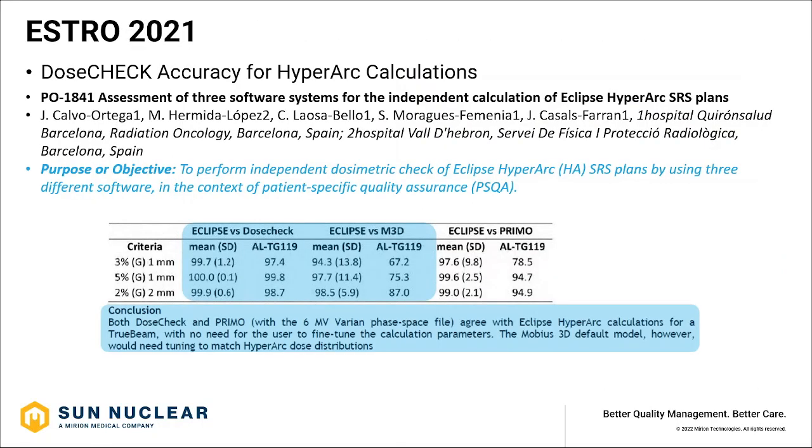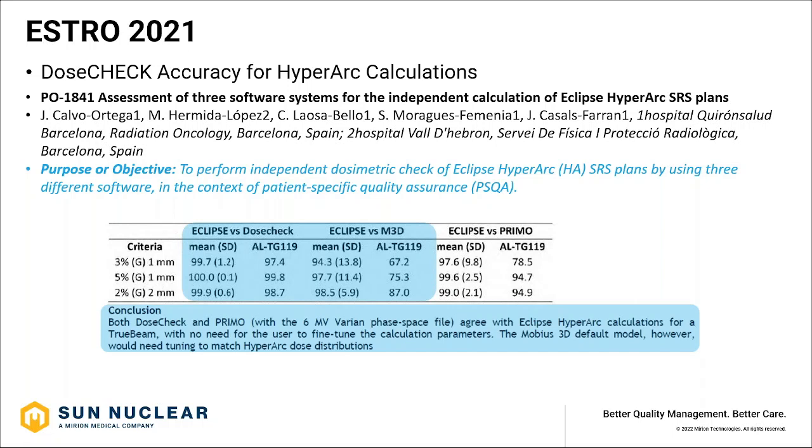So there was another paper that was presented at ESTRO 2021 last year. The purpose of this particular paper was to perform an independent dosimetric check of Eclipse HyperArc SRS plans by using 3 different softwares, and they intended to perform patient-specific QA using this method.